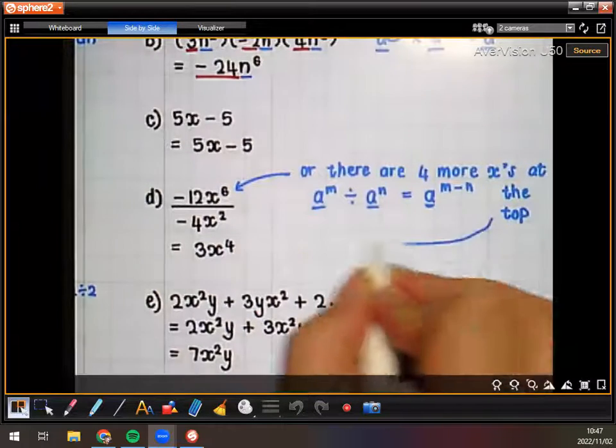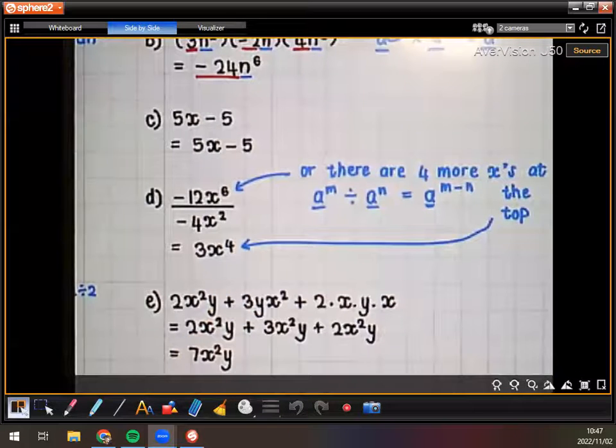All right, so that is going to give an answer of x to the 4. So sometimes it happens that you have more x's at the bottom, right? In fact, there's one that came up in one of the questions, so then you have to have that x at the bottom. You look at that as well.